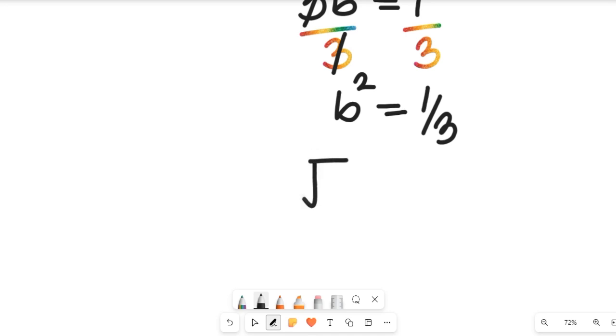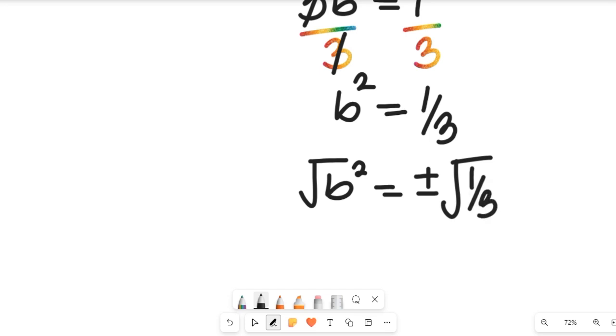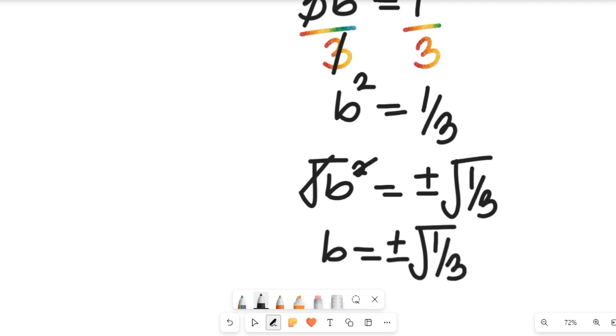So if the square root clears the square, our B will simply be equal to plus or minus the square root of 1 divided by 3.